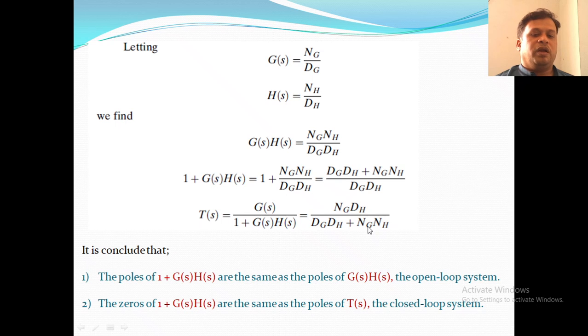Now we can conclude that the poles of 1 plus g of s into h of s are the same as the poles of g of s into h of s in the open loop system. And the zeros of 1 plus g of s into h of s are the same as the poles of t of s in the closed loop system.